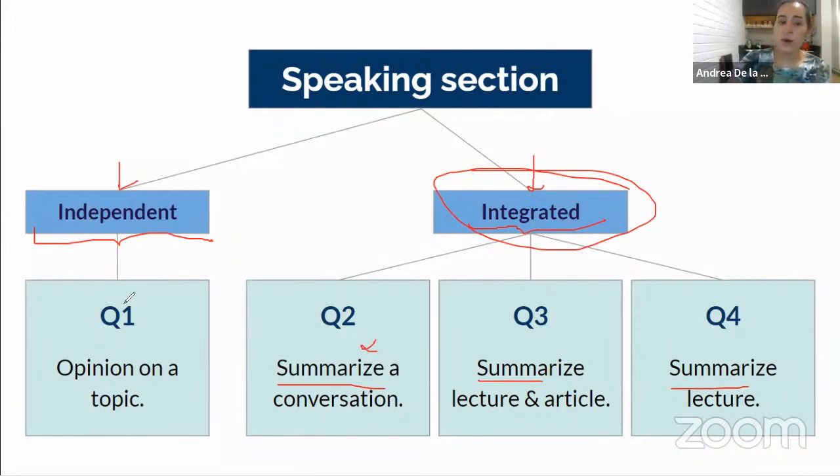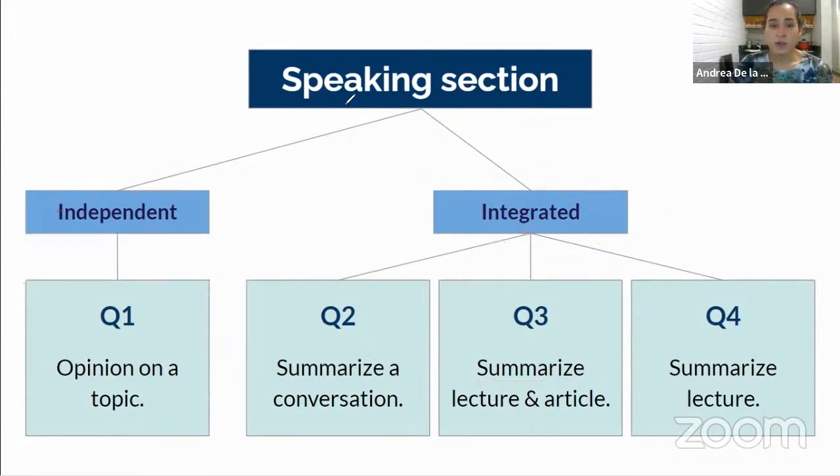And in the independent one, you don't have to summarize anything. You just have to speak about you. Now, we are going to be seeing the independent question only today and this week. So we're going to focus specifically on the independent question of the speaking section, which is question number 1.